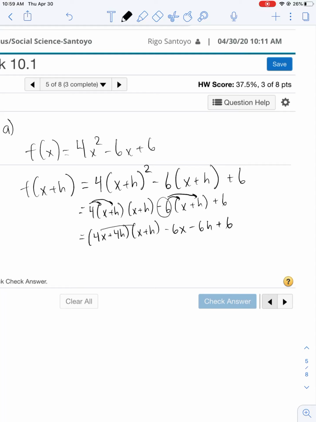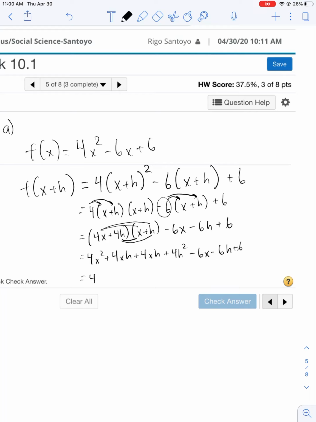Okay, now from here, I distribute, I FOIL. Same thing here and there. I'm just going to arrange my letters so they're the same, but it doesn't matter. Bring everything else down.